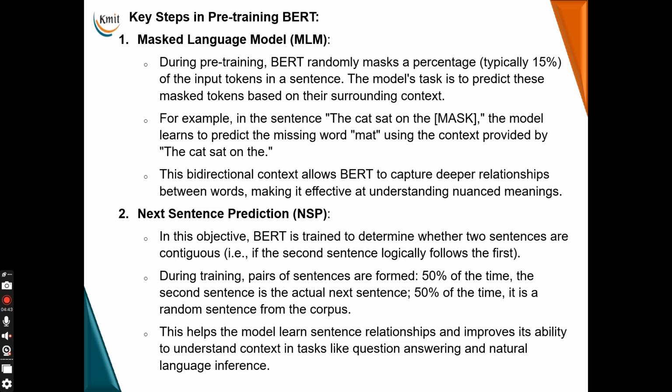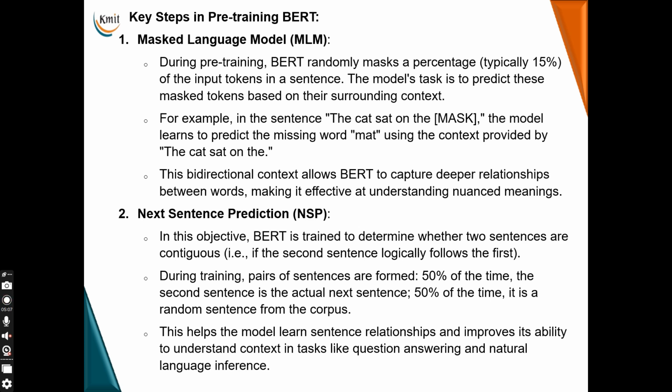Next sentence prediction. In this objective, BERT is trained to determine whether two sentences come contiguously or not. During training, pairs of sentences are formed, and 50% of the time the second sentence is the actual next sentence.